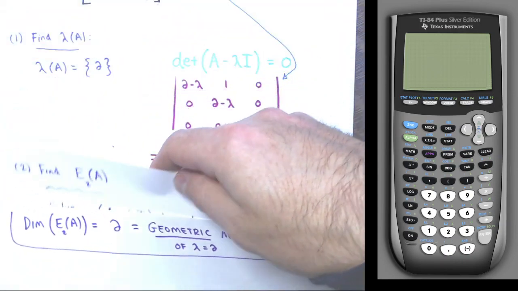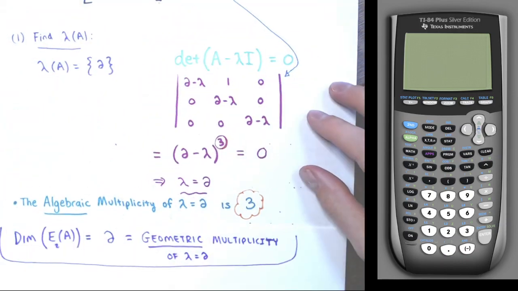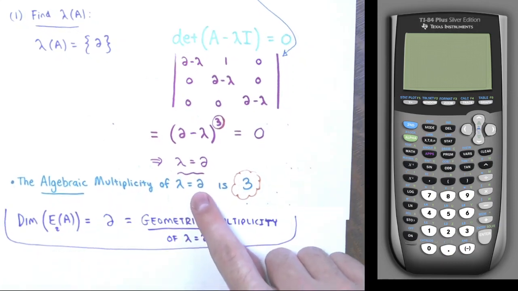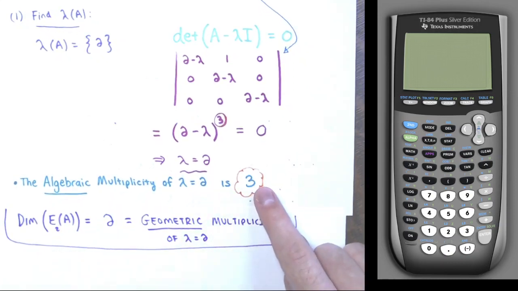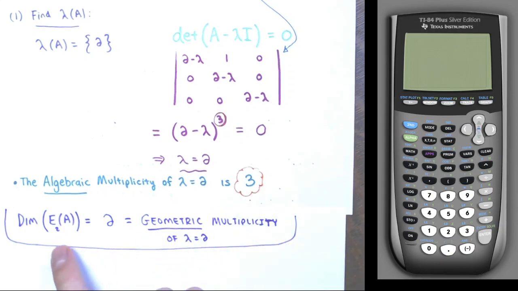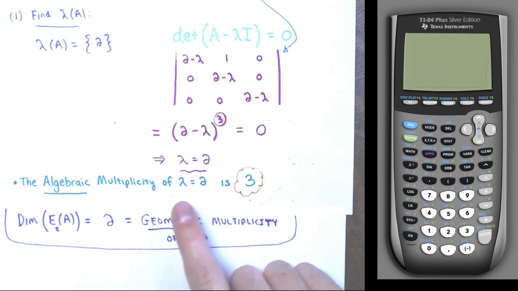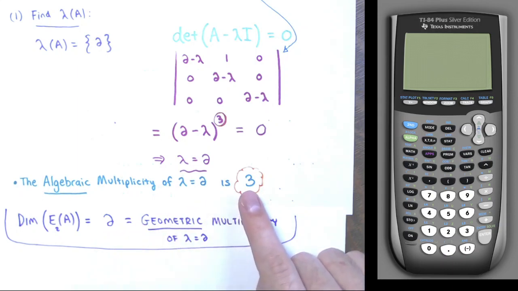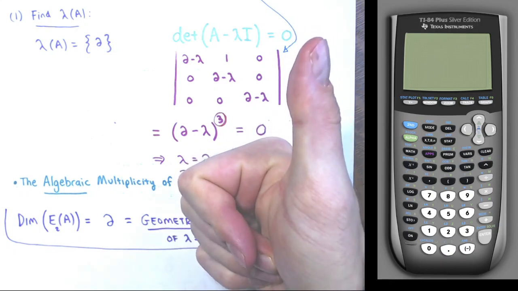We saw on an earlier page that the algebraic multiplicity of lambda equals 2 was 3, but the geometric multiplicity of lambda equals 2 is 2. That still holds. The geometric multiplicity is still less than or equal, but this time it's less than the algebraic multiplicity of the same eigenvalue.